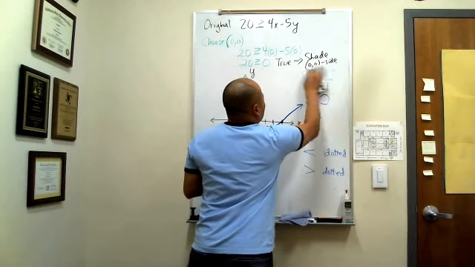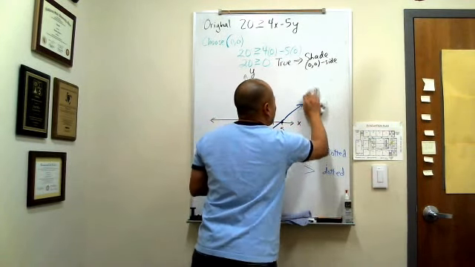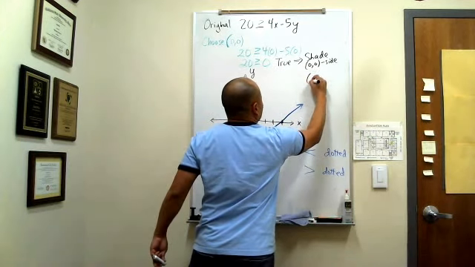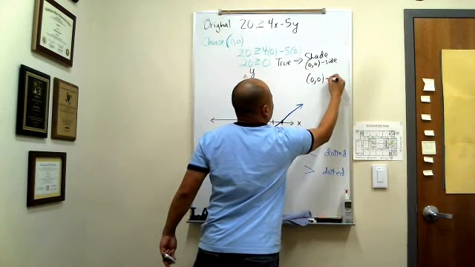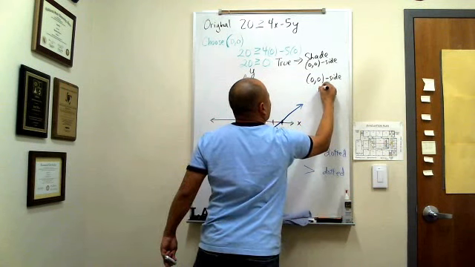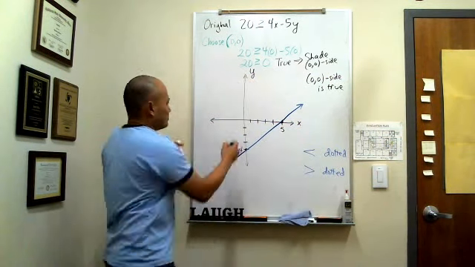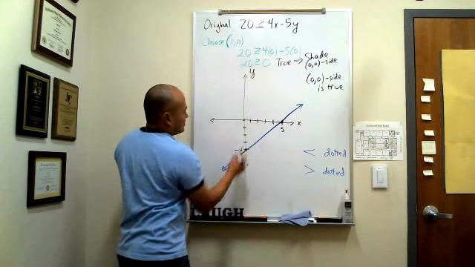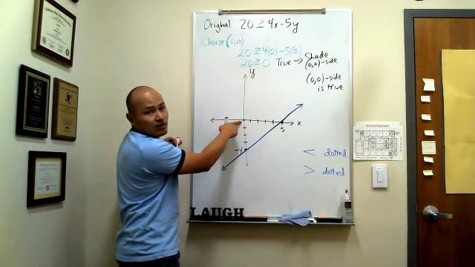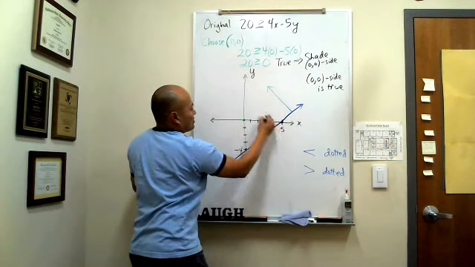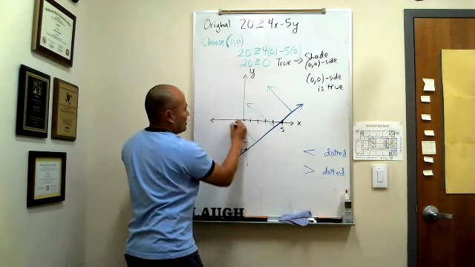In other words, the 0, 0 side is true. So here's 0, 0. We're going to shade this ordered pair. Not only are you going to shade 0, 0, you're going to shade everything towards 0, 0. So we shade this side too.